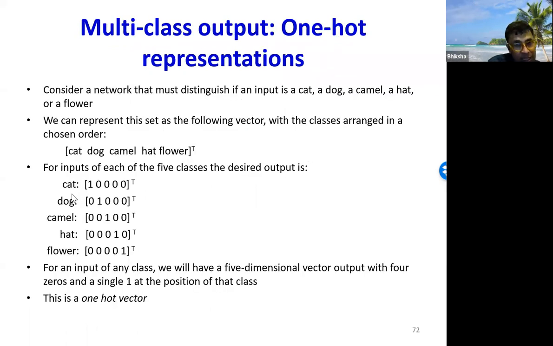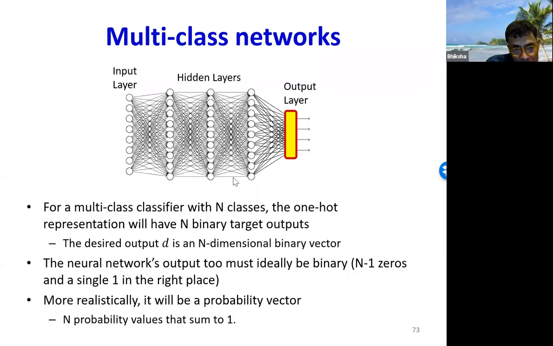So if you had a training instance which is a picture of a cat, the desired output is going to be this one-hot vector with a 1 in the first position and 0 elsewhere. And so the neural network's output must also ideally be a binary vector with n-1 zeros and a single 1. In reality, what we will have is a probability vector.